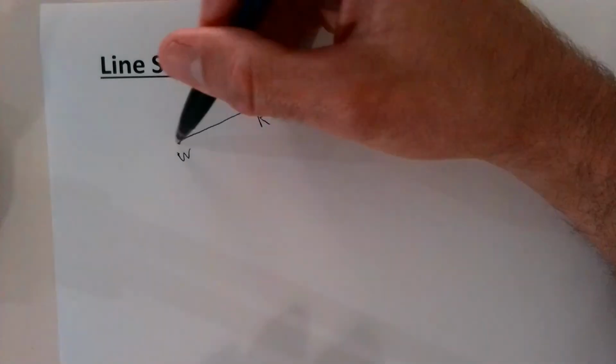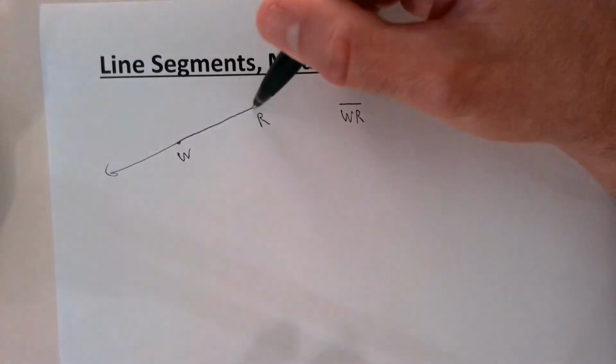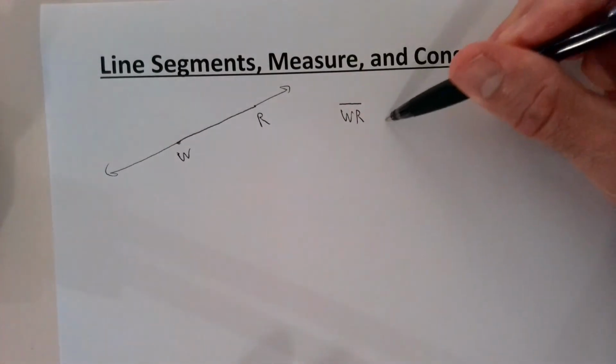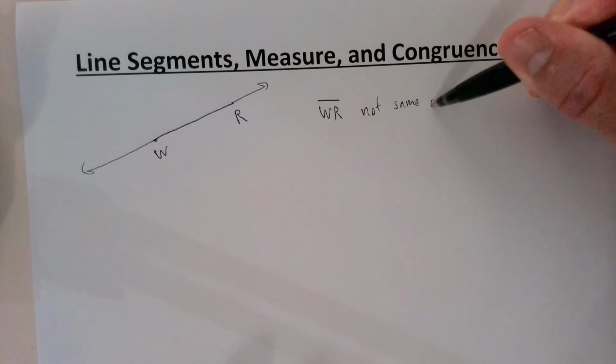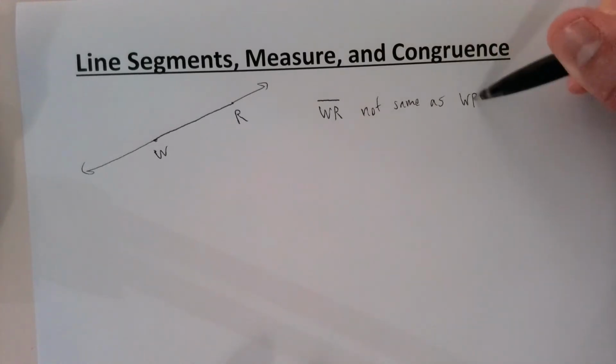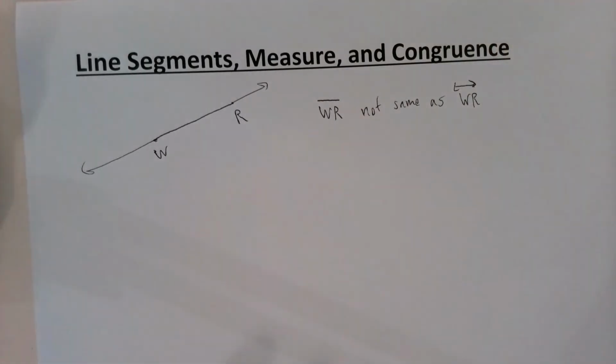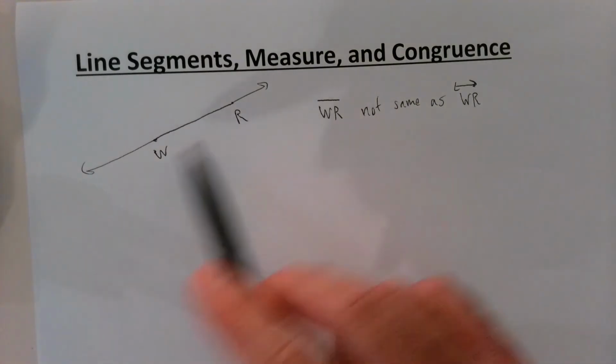This is not the same as line WR. Line WR goes on forever. Segment WR is just a finite portion of that line.